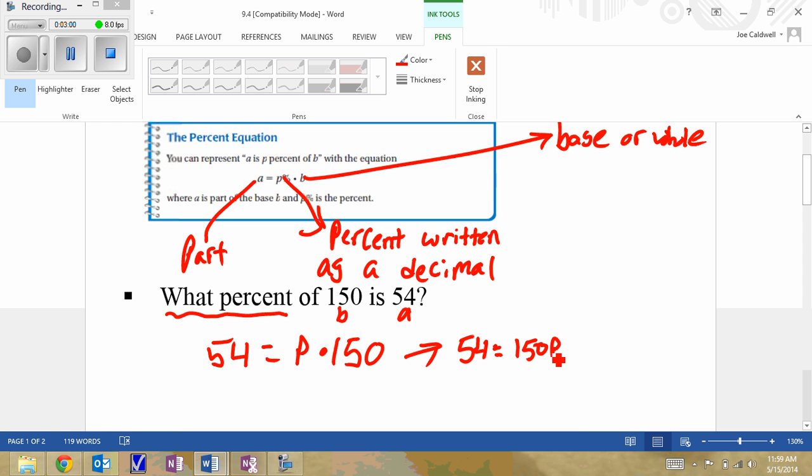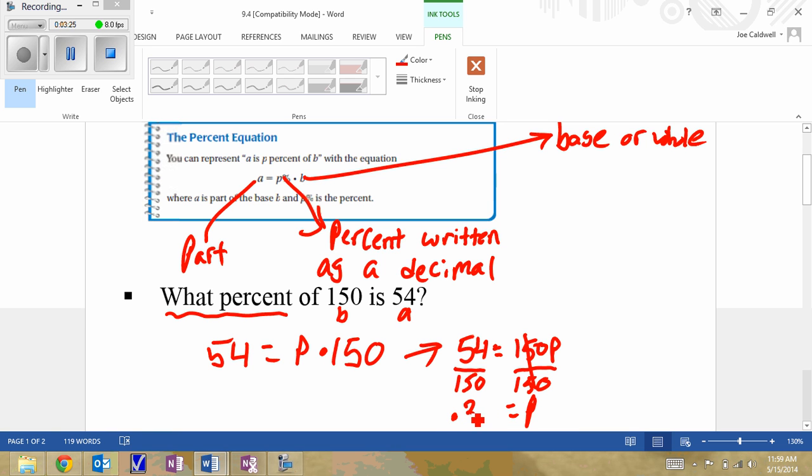So then, again, we have a one-step algebra problem. We need to divide both sides by 150. That crosses out. And we're going to get p equals, and again, you're welcome to do this with a calculator, you should notice what the answer is. If you take 54 divided by 150, you're going to get a decimal.